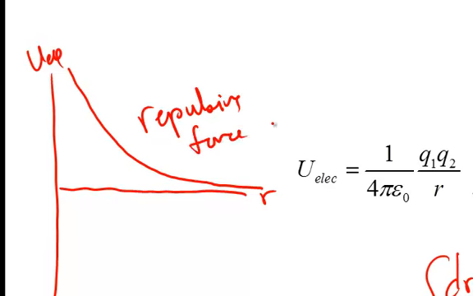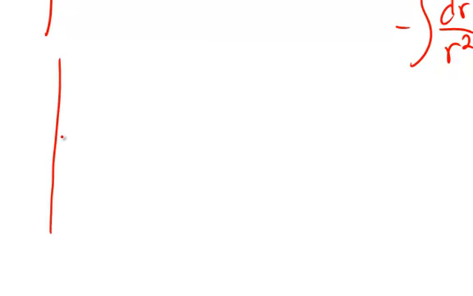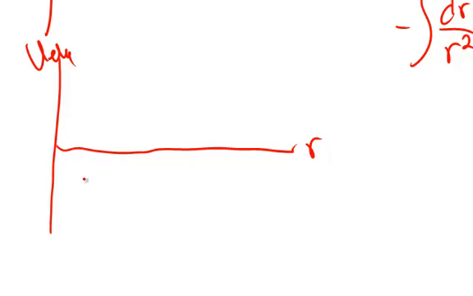In other words, the two charges are pushed apart. Whereas if one of the charges is positive and one of the charges is negative, we end up with a potential that looks exactly like the gravitational potential energy. This is an attractive force.